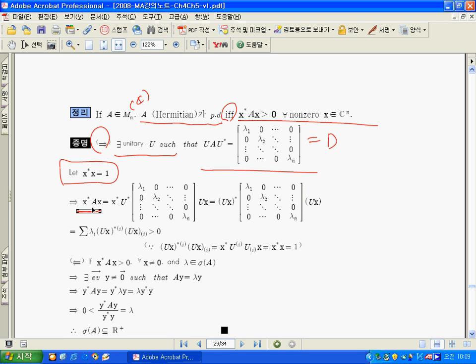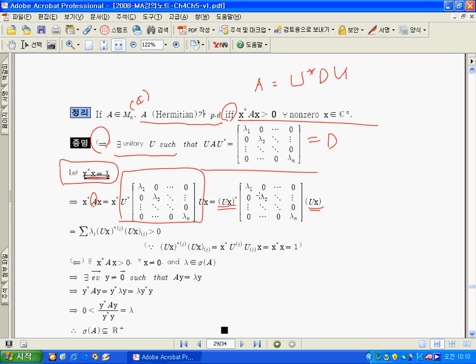Then A can be written as U star DU. And X star U star can be written in this way, as the star of UX.